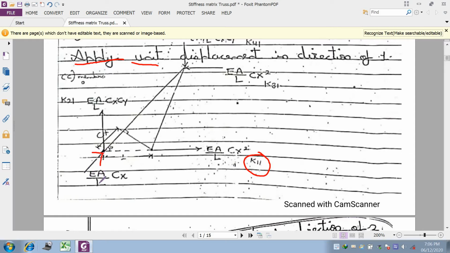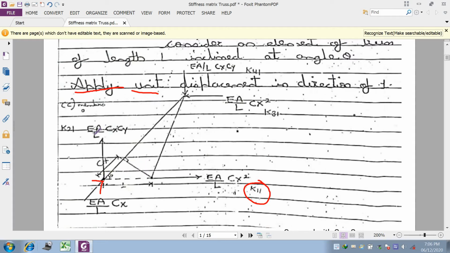So it will be EA by L CX formed here, and here EA by L CX CY will be formed, and it will act as K21 because it is the second node of equation 1.